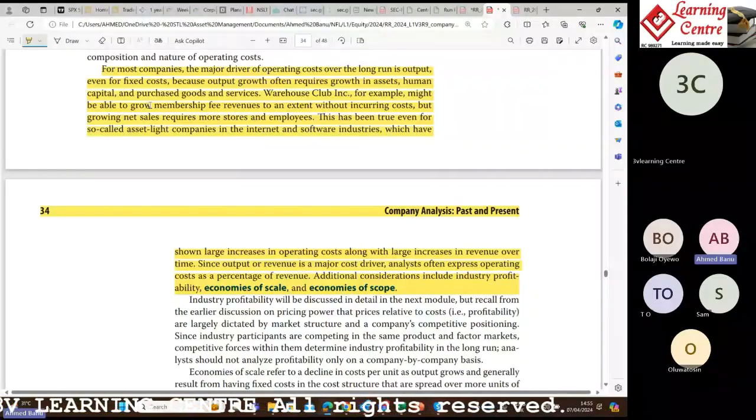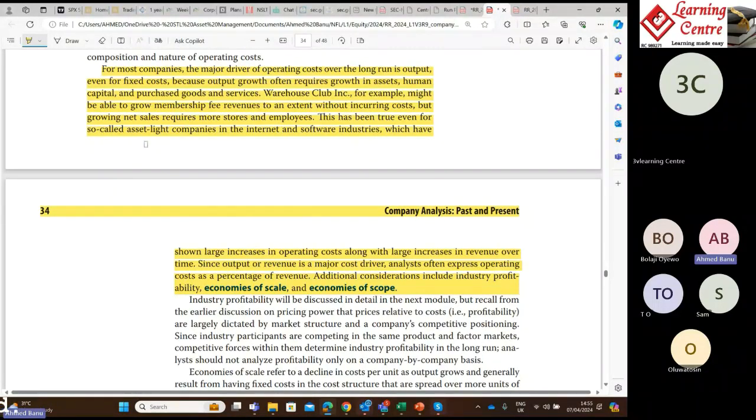For a warehouse club, for example, it might be able to grow membership fees revenue to an extent without incurring cost, but growing net sales requires more stores and employees. This may be true even for so-called asset-light companies in the internet and software industry, which have shown large increases in operating costs along with large increases in revenue over time.